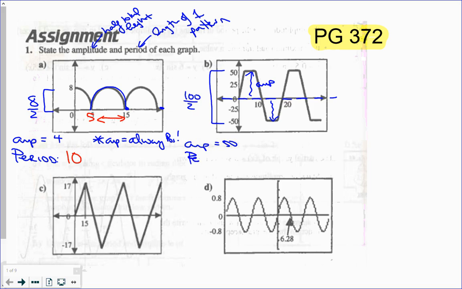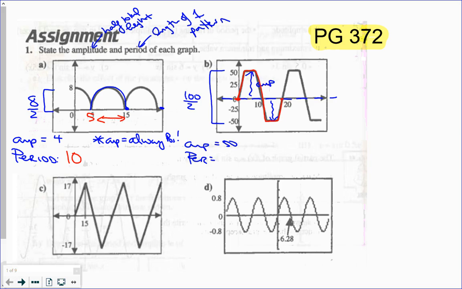For the period, again, it's whatever pattern you see. So I like to start at 0 wherever possible just because it makes the math a little easier. So for me, I see the pattern as up, across, down, across, back up.